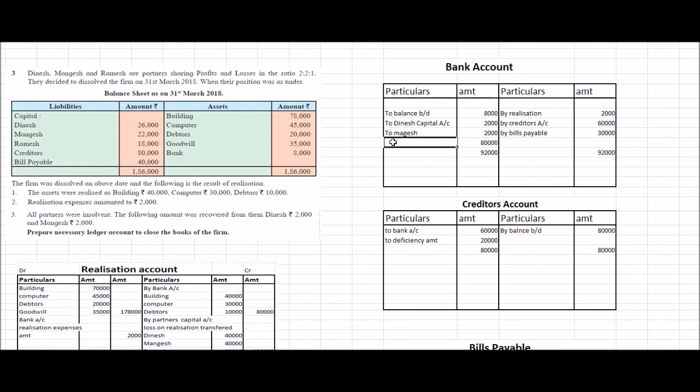To realization account, 80,000 rupees. This is building amount 40,000, computer amount 30,000, and data amount 10,000. So to realization account is 80,000, and the total amount here is 92,000 rupees in the bank account.